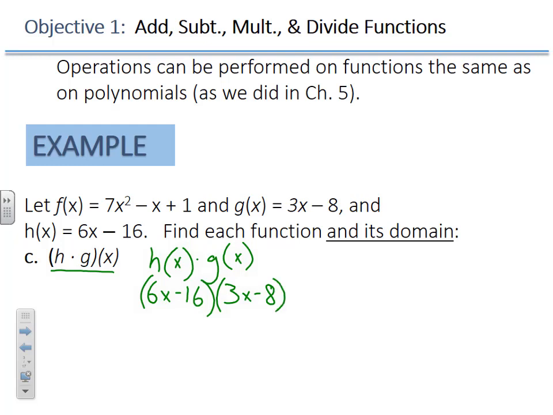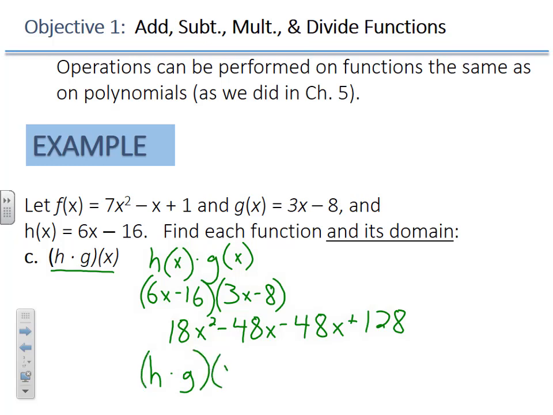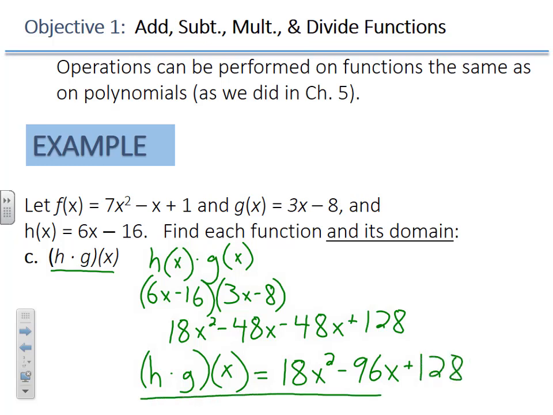And if we multiply those two binomial functions together, we get 18x squared minus 96x plus 28. And so we can build a new function by multiplying two functions as well.